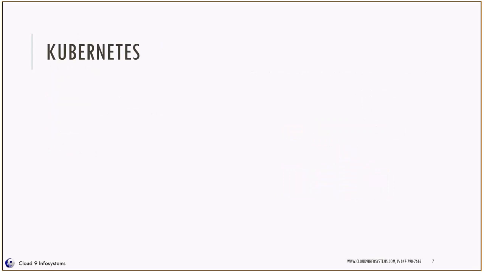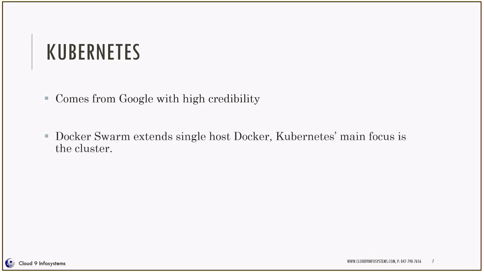Now, Kubernetes is based on Google's experience of running workloads at high scale in production over the past 15 years, so it enjoys high credibility. Docker Swarm extends your single host Docker, whereas with Kubernetes, the main focus of the whole framework is the cluster itself.